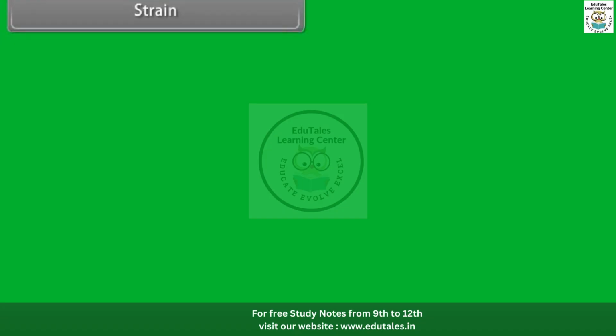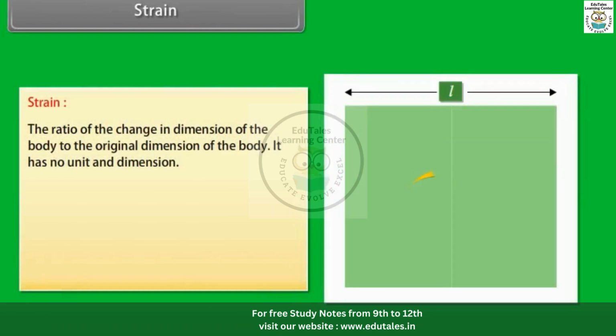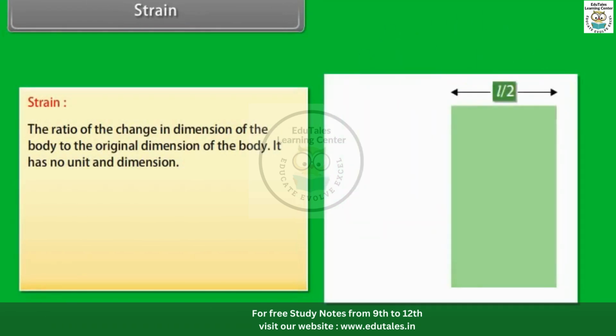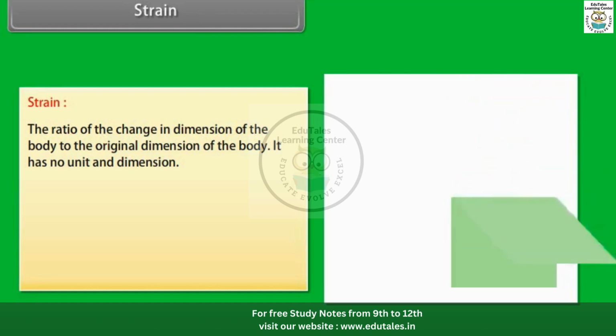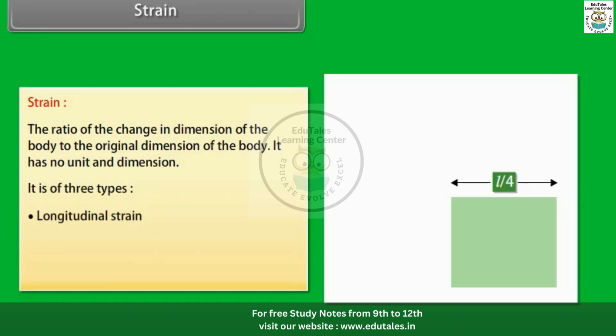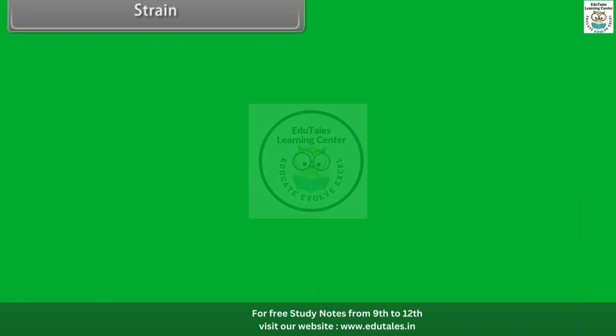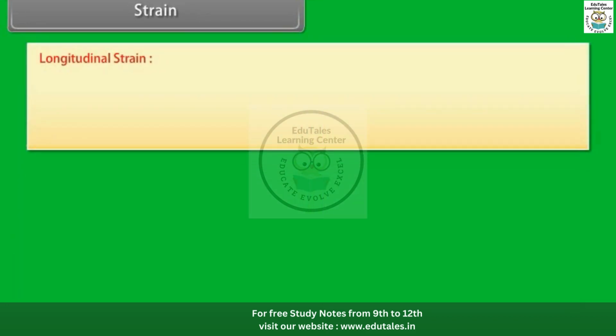Strain. Strain is defined as the ratio of the change in dimension of the body to the original dimension of the body. It has no unit and dimension. It is of three types: longitudinal strain, volumetric strain, and shearing strain. Longitudinal strain.